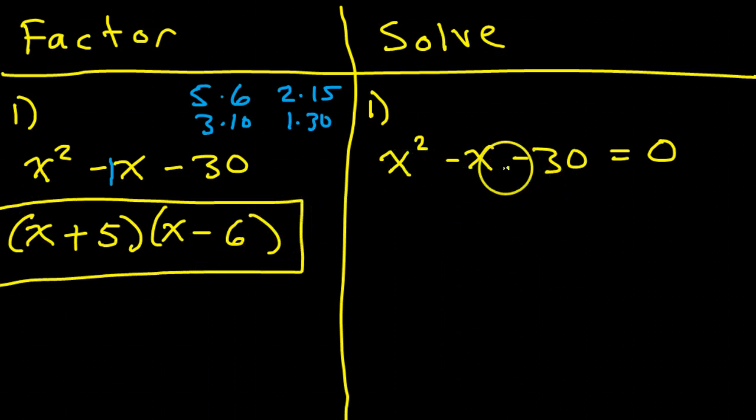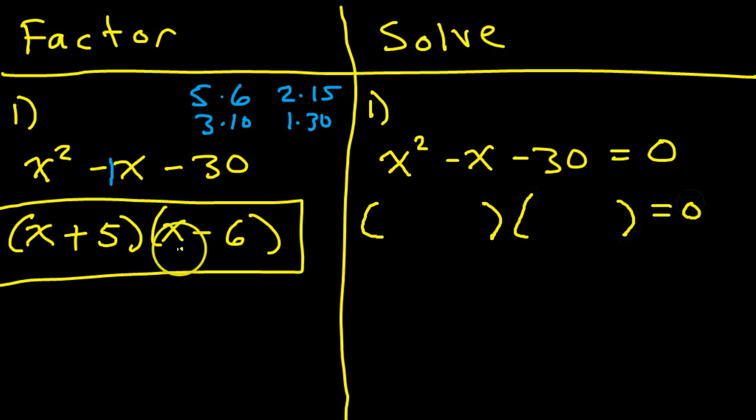Now this problem is similar, but you can see it's slightly different. We have this equation now. This was not an equation. We just factored and we stopped, and that was it. Now when we're solving by factoring, we're still going to start off the same way.